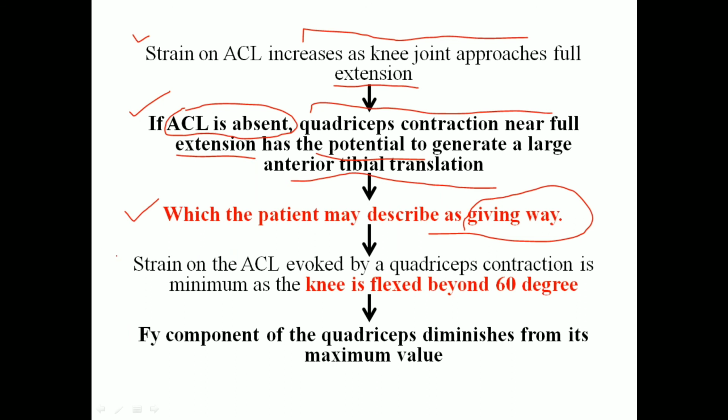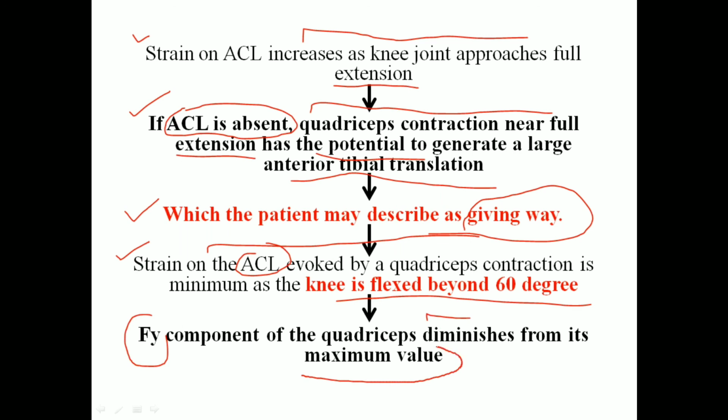The strain on the ACL evoked by a quadriceps contraction is minimum when the knee is flexed beyond 60 degrees. As soon as the knee starts going into flexion, or is beyond 60 degrees, the stress on the ACL is less. So we can say the Fy component of the quadriceps diminishes from its maximum value beyond 60 degrees.